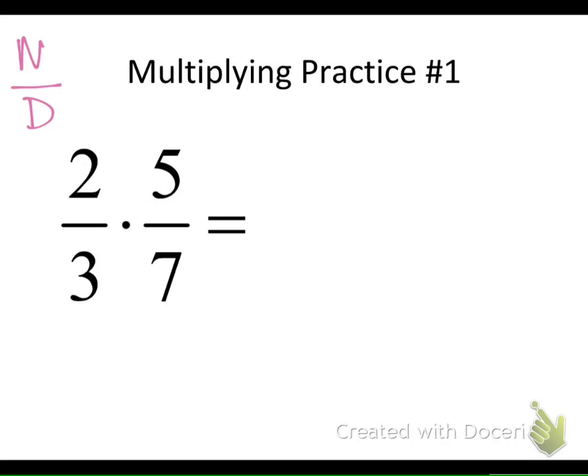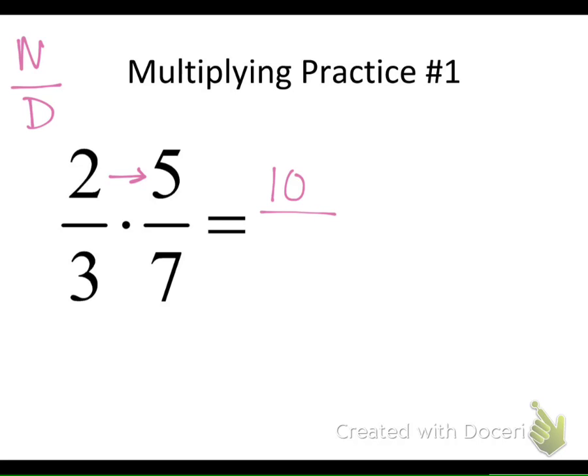Jaden, what does step 2 say to do? Okay, so go ahead and do that for me. What do you get when you multiply the numerators together? All right.